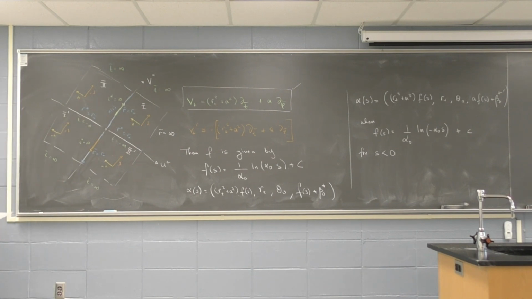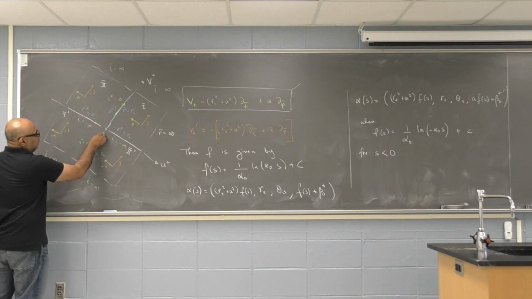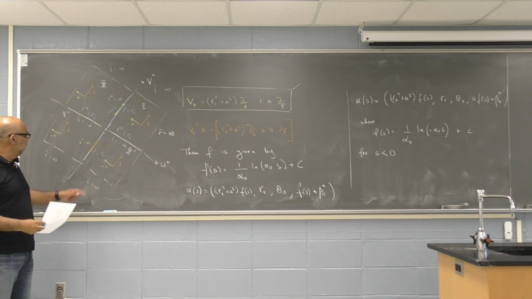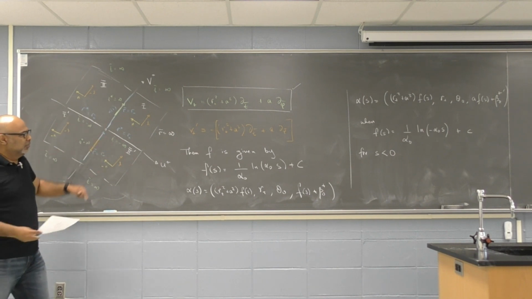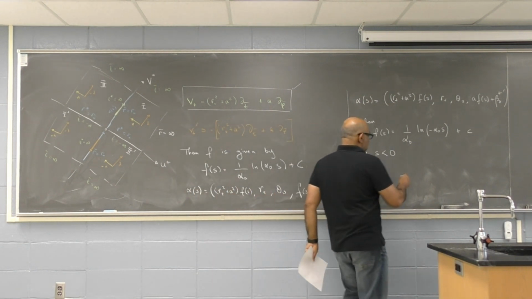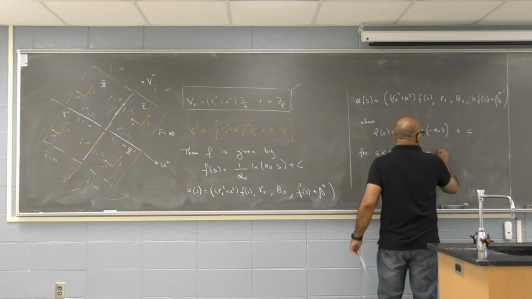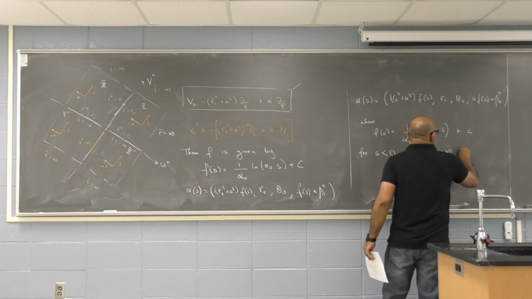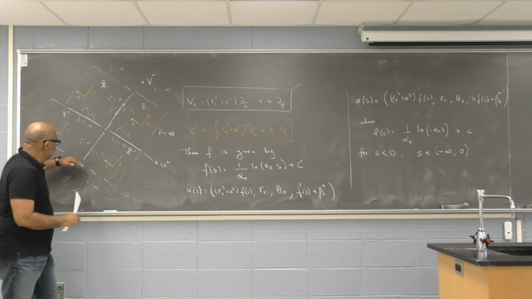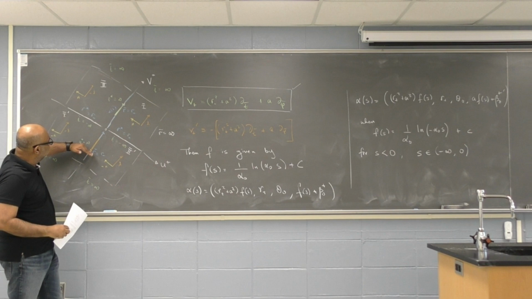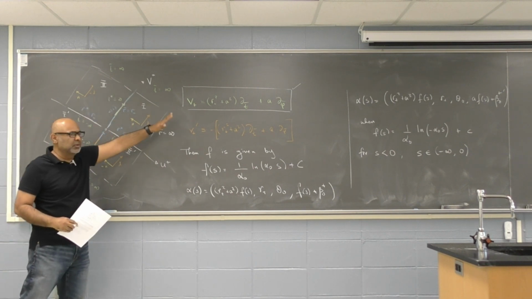Oh, sorry, I should have put the arrow like this, because this curve is actually going from minus infinity to 0. So it's almost like this curve goes from minus infinity to 0, 0 not included, then 0 to infinity. It's a beautiful integral curve.